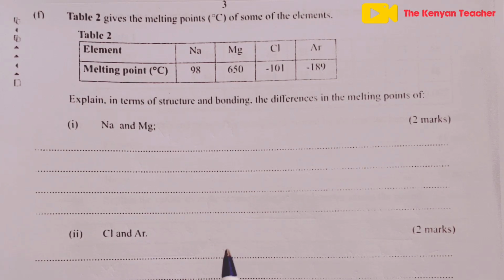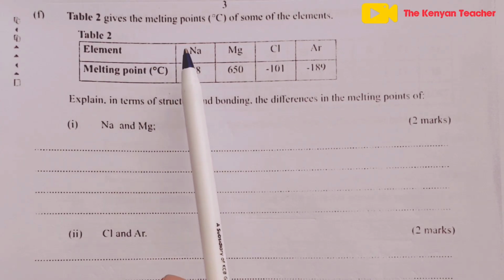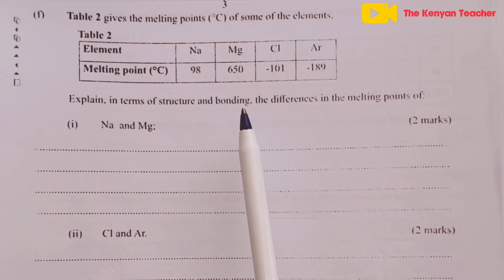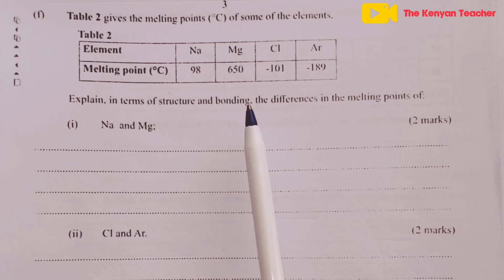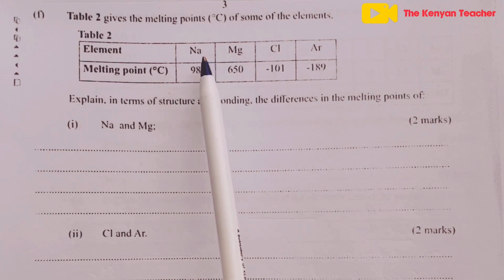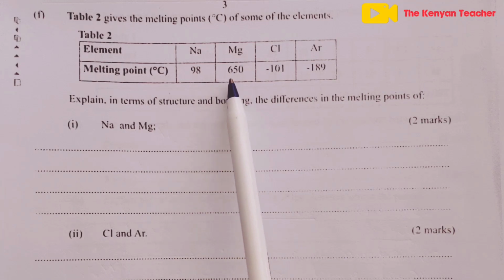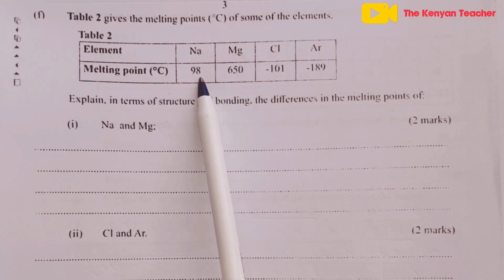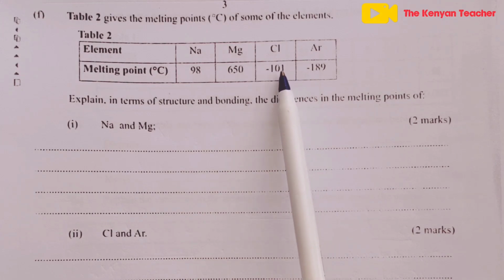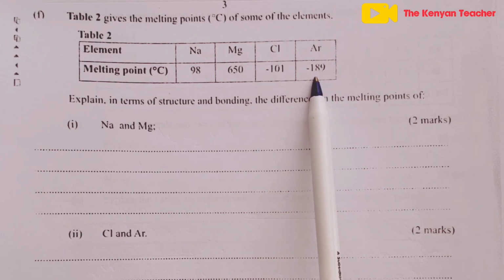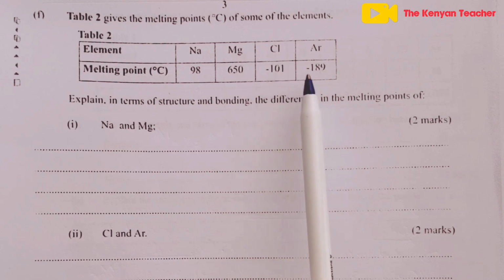And here we are told that table 2 gives the melting points of some of the elements that we've just discussed in part A to E. So we are provided with the melting point of sodium again 98, magnesium 650, and you can see the melting point of magnesium is higher than that of sodium. Coming to the nonmetals, we have chlorine -101 and argon -189. And again, you can see the melting point of chlorine is higher than that of argon.